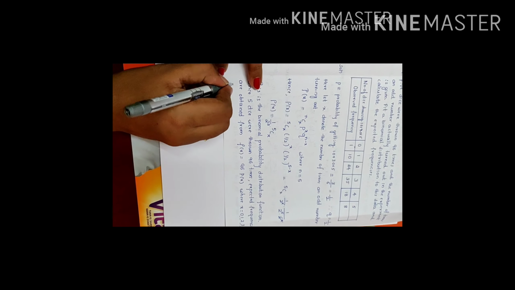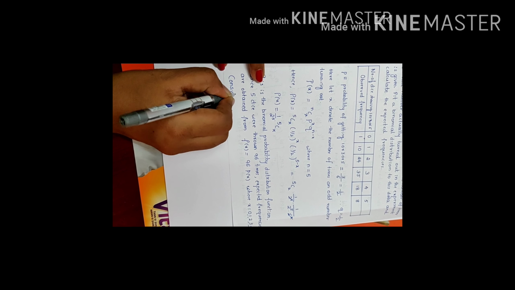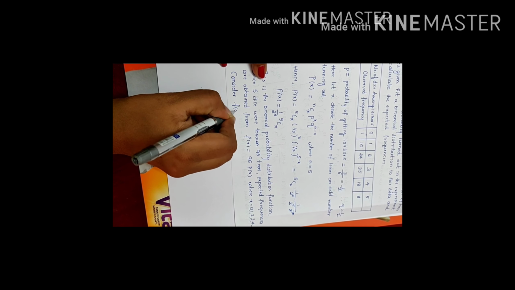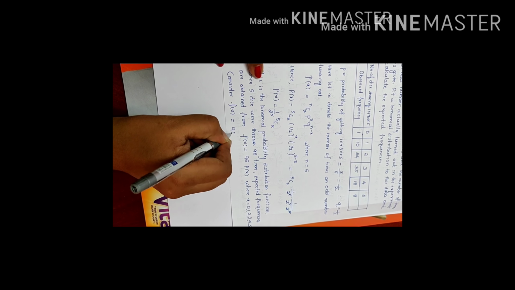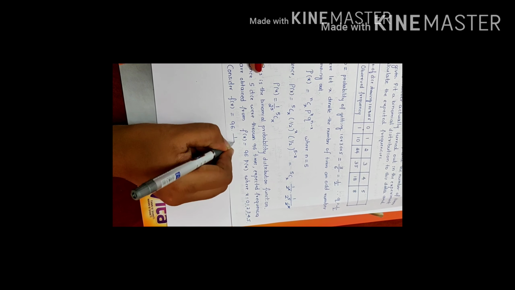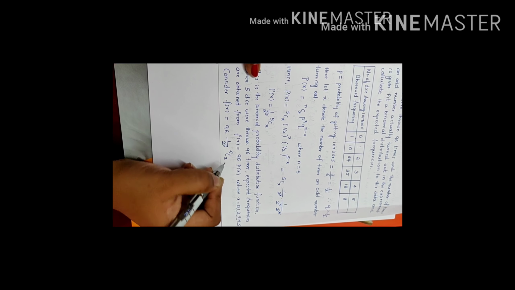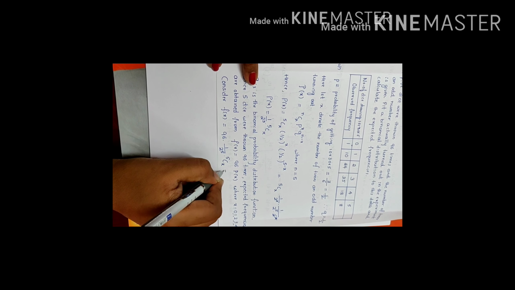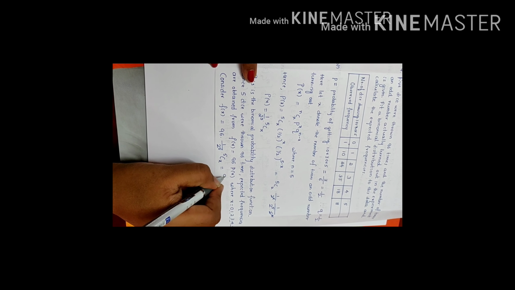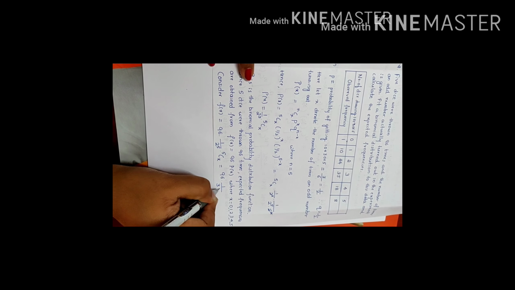So consider f of x is equal to 96 into the probability function, that is 1 by 2 raised to 5 into 5Cx. So this is 96 into 1 by 32 into 5Cx.